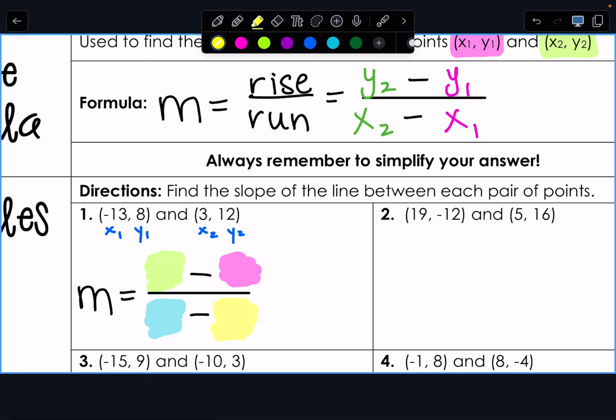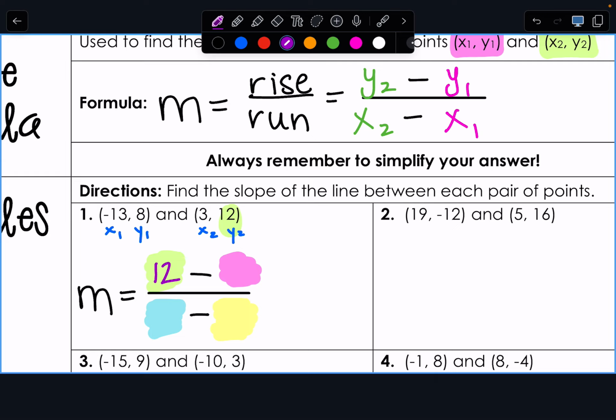Okay. So, what do we put here? What does this say? This says y2. What's y2? Okay. y2 is 12. So we're going to put a 12 right here. Then, right here in this pink cloud, what do we need?